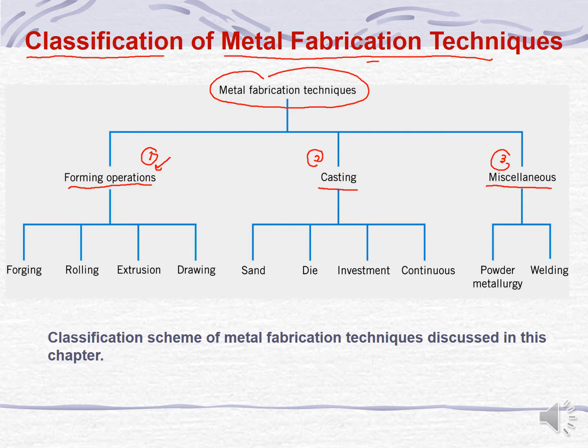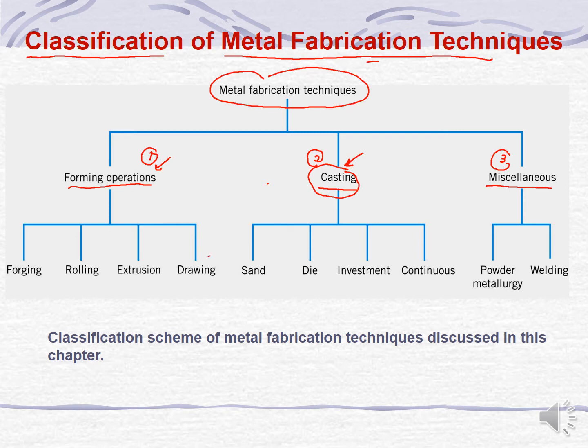While for the casting process, this process is suitable for making a product made of metal which is brittle, metal which cannot withstand a high external force. So the only method that we can use is the casting process.